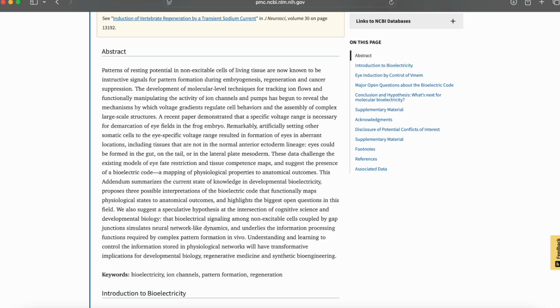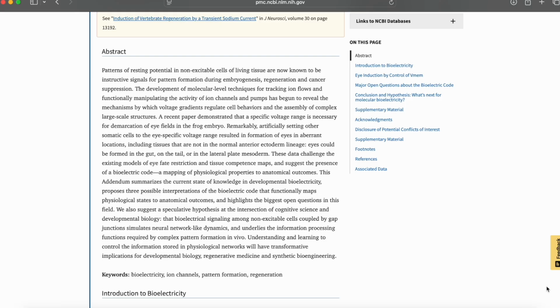Understanding and learning to control the information stored in physiological networks will have transformative implications for developmental biology, regenerative medicine, and synthetic bioengineering. The key words here are bioelectricity, ion channels, pattern formation, and regeneration.